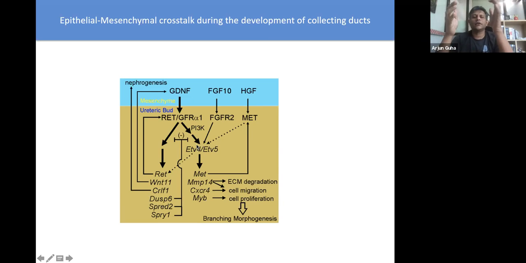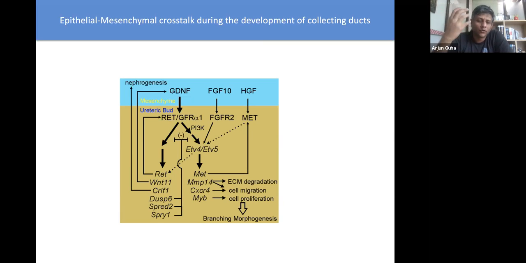So the reason why people discovered that there are multiple signals that are converging on the ureteric bud is because what people found is that if you mutate GDNF and RET or GFR alpha, then you basically see kidney agenesis, meaning the ureteric bud ceases to bud and grow forward.